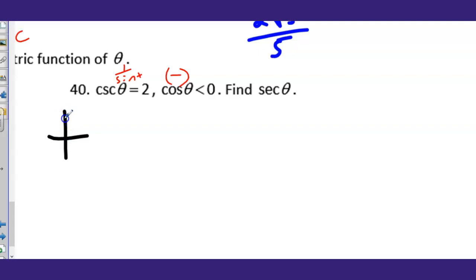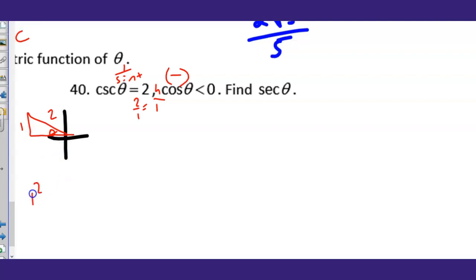So I have a positive y, which means up, but a negative x. So negative x, positive y. There's theta. Cosecant is 1 over sine, or in terms of a triangle, hypotenuse over opposite, because this is 2 over 1. So hypotenuse over opposite, and we have to find this side right here.